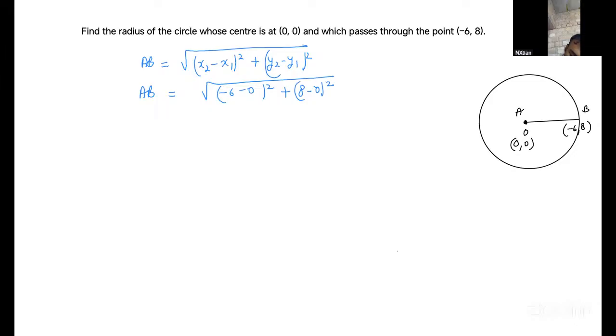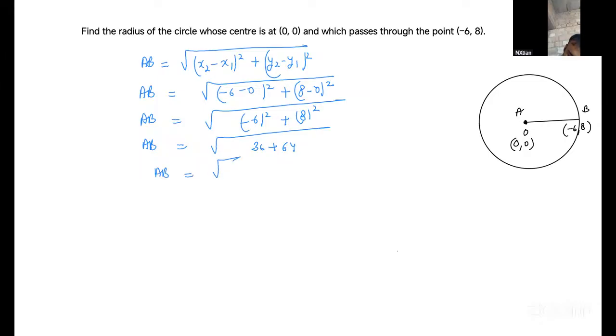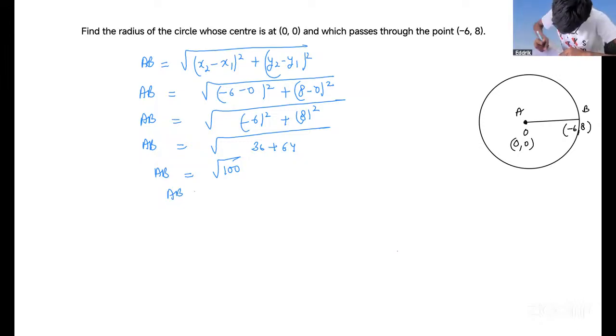So AB will become minus 6 square plus 8 square. Minus 6 square is 36 plus 8 square is 64. So AB is equal to root 100. AB is equal to 10 units.